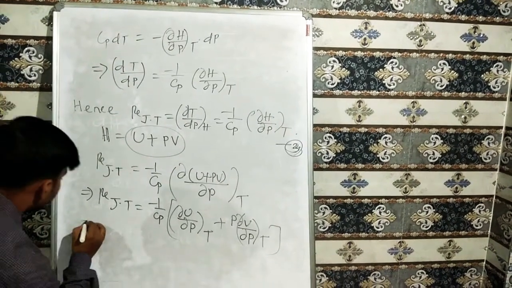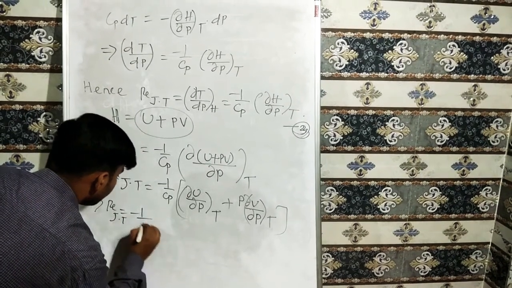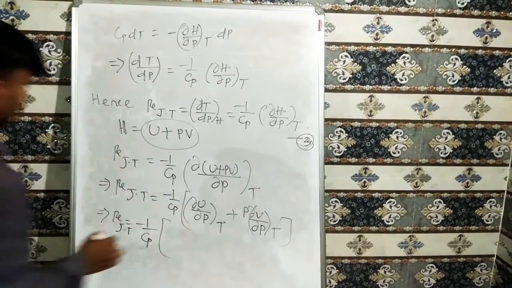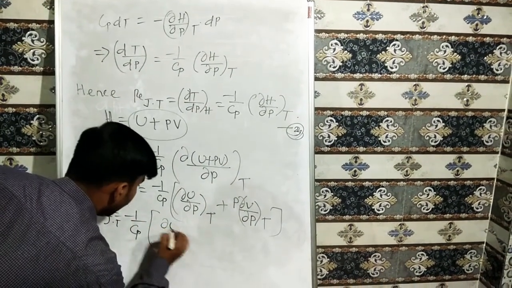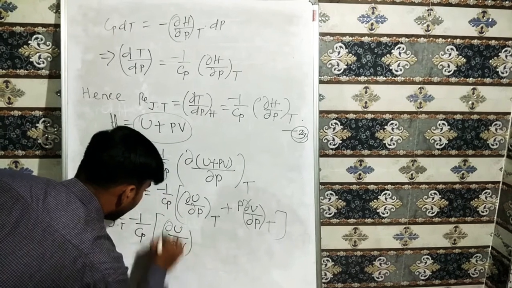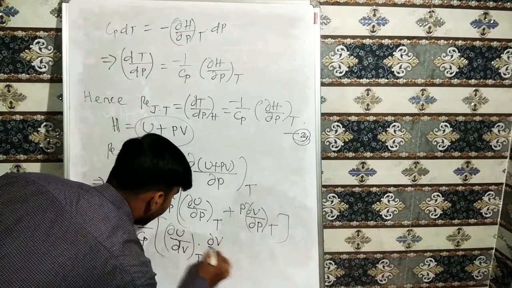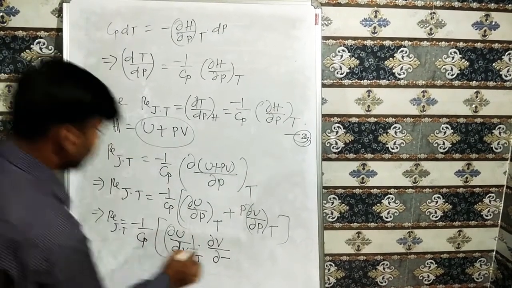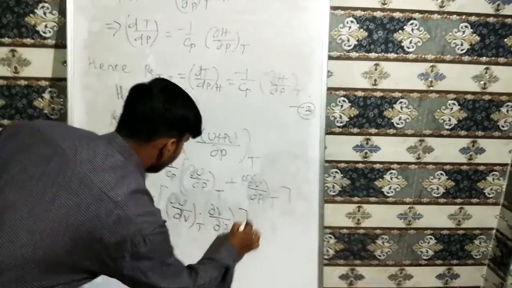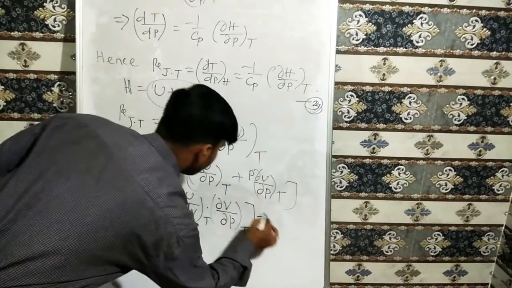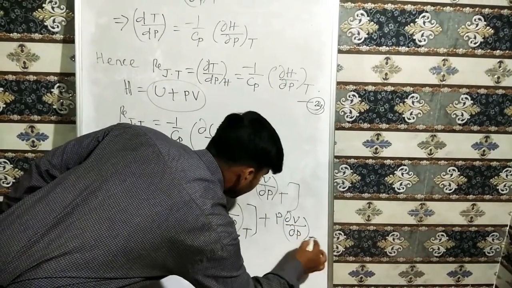Now we can also write mu JT is equal to minus 1 by Cp [del U by del P. We can write del U by del V at constant T into del V by del P at constant T, plus P del V by del P at constant T].